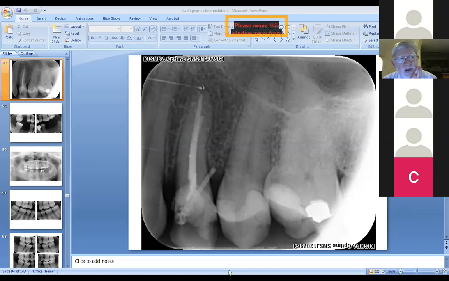I think in the case of that one, the tooth fractured, and in trying to get the root out, the dentist actually ended up pushing it into the sinus. It wouldn't have happened otherwise had things come out without the instrumentation that was done that led to the OAC.